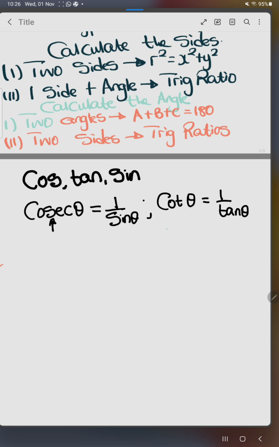Then we have sec. Remember, the sec represents cos, so that will be 1 over cos theta. These are the three that they are going to give you, and that is how you can change them. Always you change them like that. We'll be going forward.